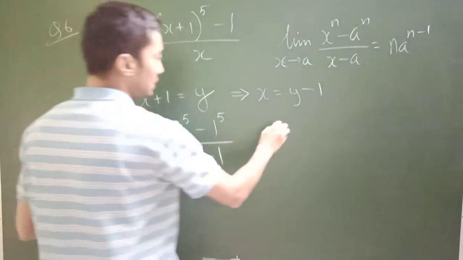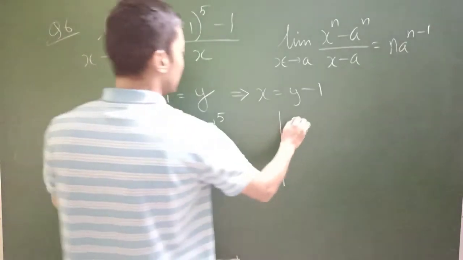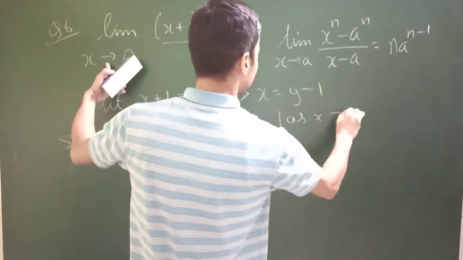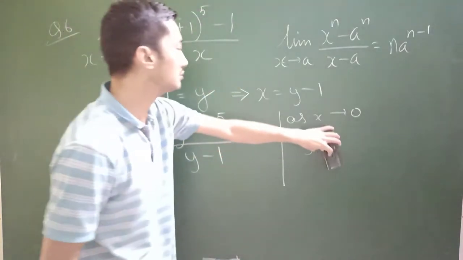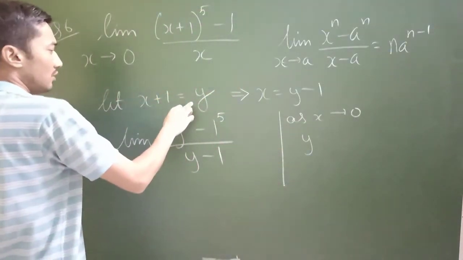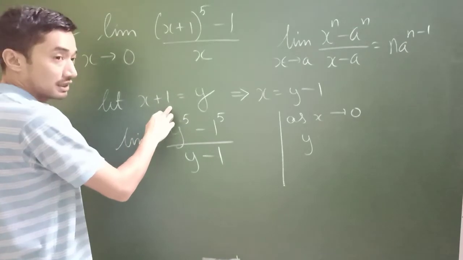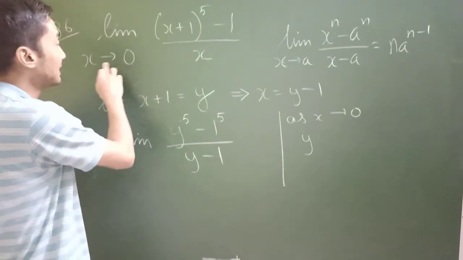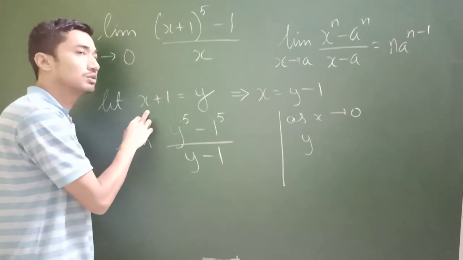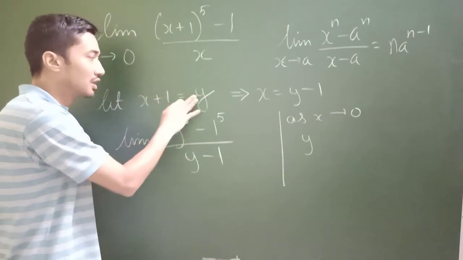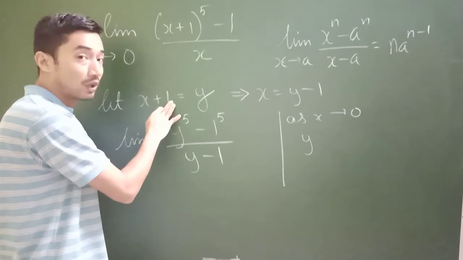This is also easily possible, because as x tends to 0, what will happen to the value of y? The value of y is x plus 1 by substitution. As x approaches nearer and nearer to 0, it almost disappears, so y will approach 1.